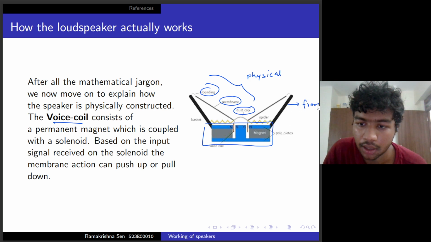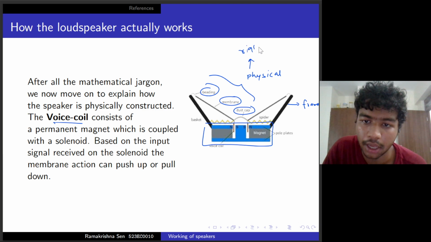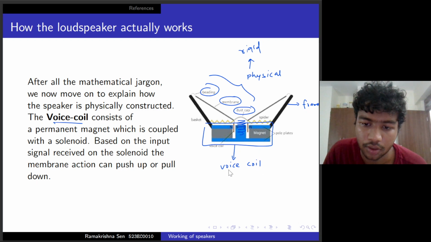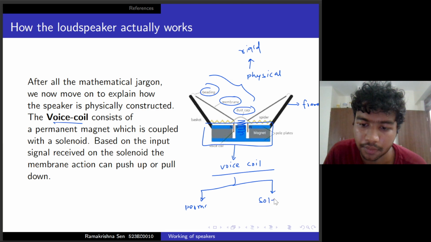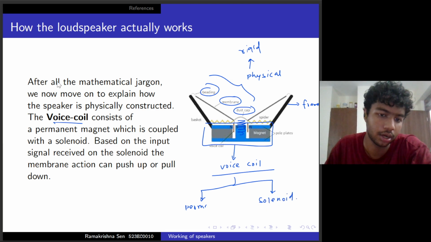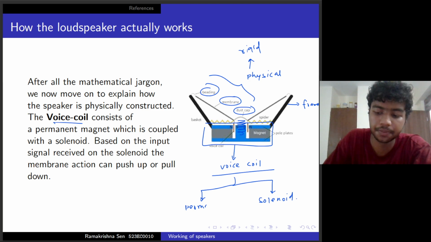All of these are the rigid portions. The main part is the solenoid here, which is included inside the voice coil. So the voice coil is both the permanent magnet plus the solenoid. This is what comprises the voice coil.